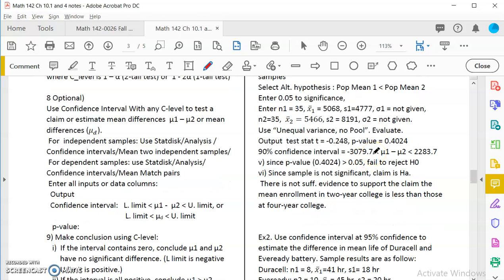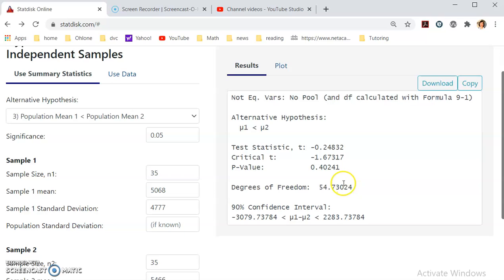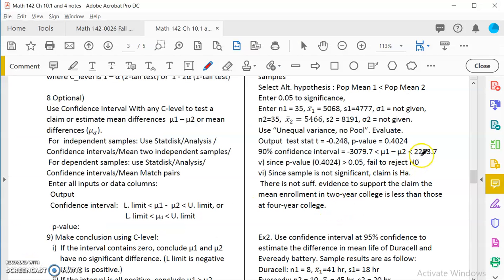That means your sample mean is less than the other by 0.25 standard deviations, and the chance of getting this sample is 40% if H0 is true. H0 said that there's no difference. You also write down the confidence interval. So let's do the conclusions.